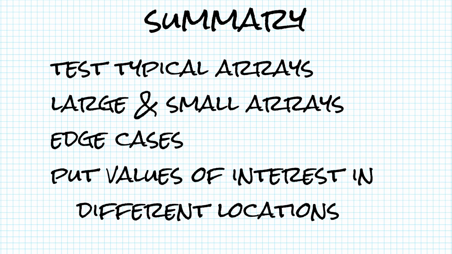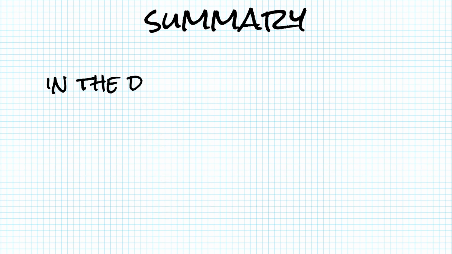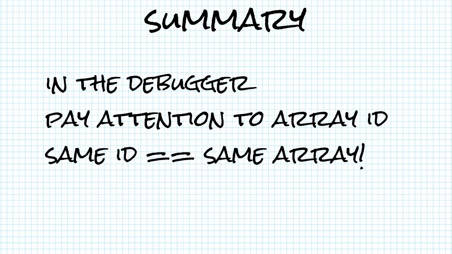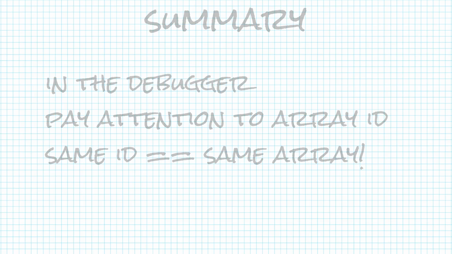To thoroughly test an array program, you'll want to design test cases with typical arrays, as well as arrays that are very small and very large in size, as well as arrays that represent edge cases based on what your algorithm is doing. For example, you might want to put values of interest in different locations in your array, especially at the first and last indices. When you're debugging a program with arrays, make sure you pay attention to the ID of the array variables. The ID will tell you when 2 array references are pointing to the same array in memory.